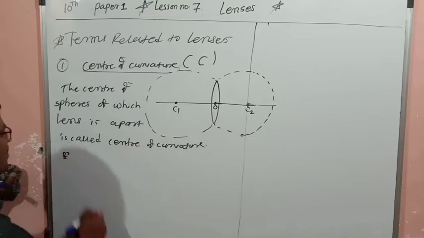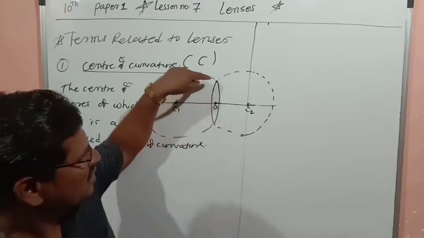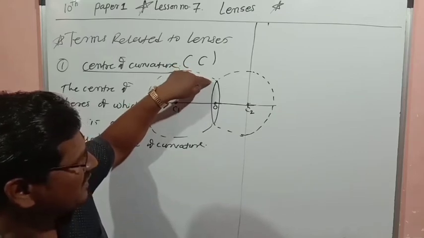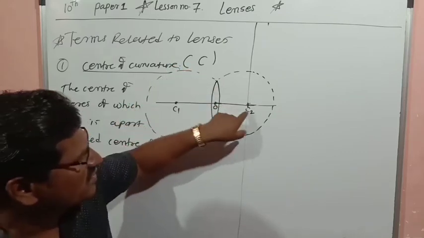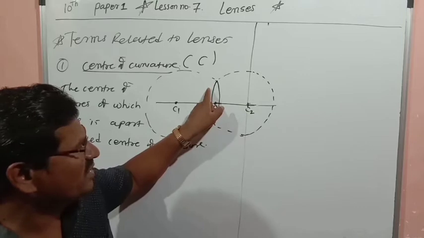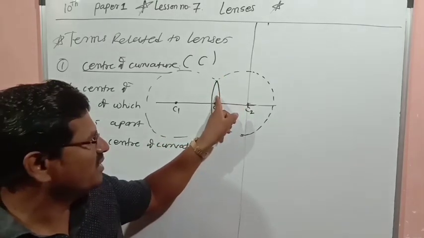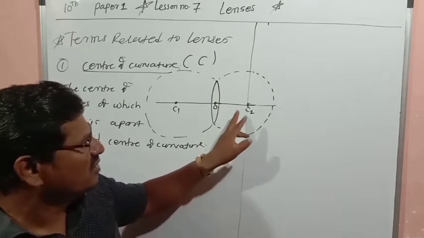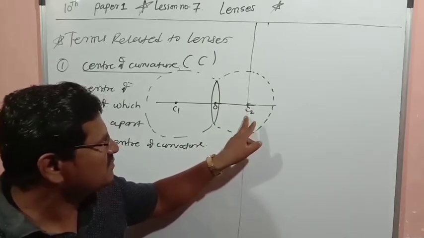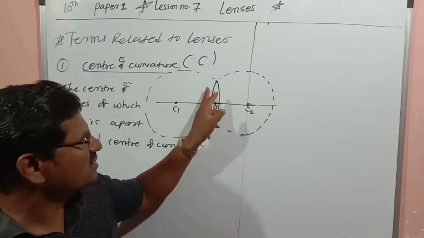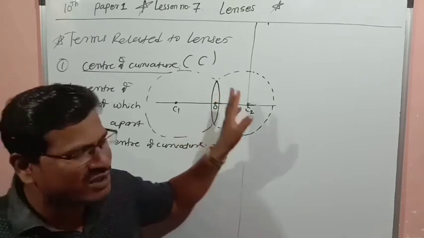Another definition you can write: center of the spherical surface of the lens, the center of the sphere whose surface is a part of the lens.